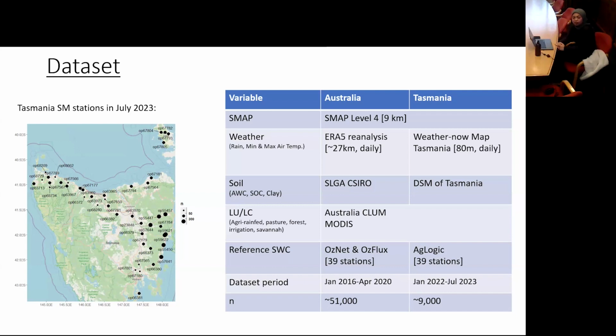We only have roughly six stations with soil moisture data covering more than 1 year of monitoring period. So it's basically only 6 out of 39 stations that have more than 1 year of recording. Other than that, they only have probably between 1 month and 1 year. So it's basically not enough if you want to apply deep learning models to this dataset.